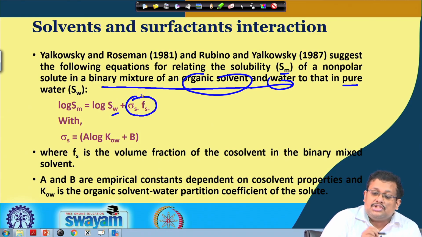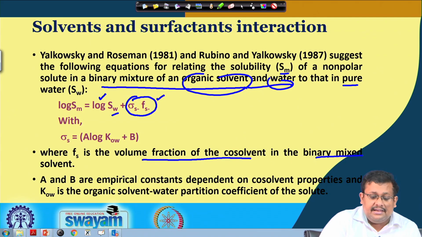Again, the solubility of a nonpolar solute in a binary mixture of organic solvent and water can be expressed in terms of a summation of its solubility in pure water plus this term, where sigma can be denoted by A log Kow plus B, where Fs is the volume fraction of the co-solvent in the binary mixed solvent.